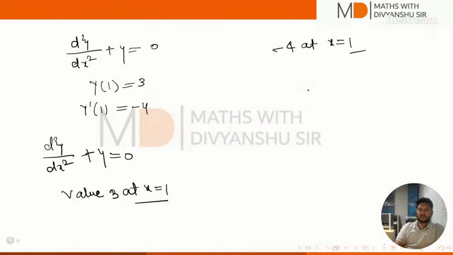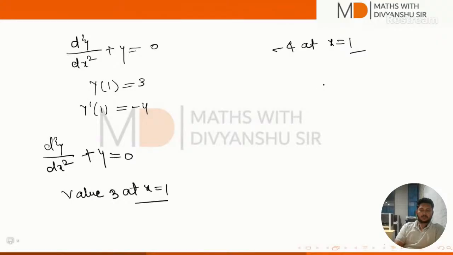Both these conditions relate to one x value, namely x = 1. Thus, this is an initial value problem, and the solution must be unique.